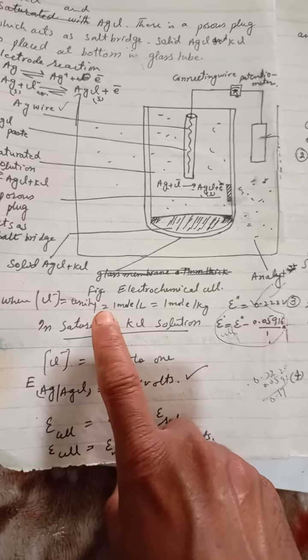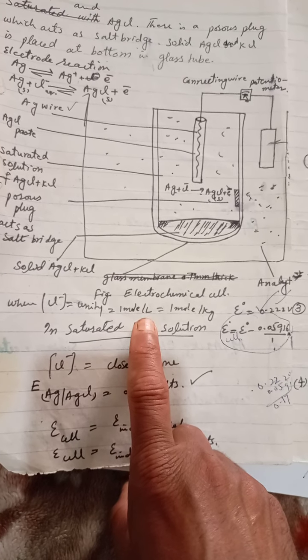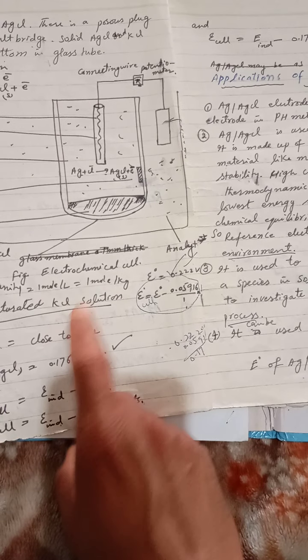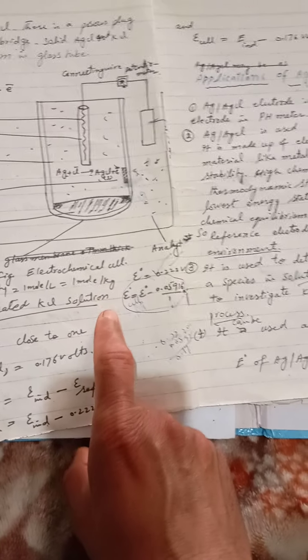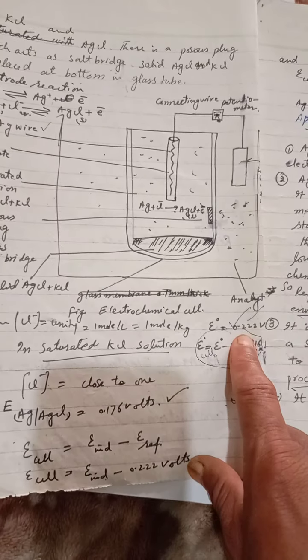When Cl negative ion concentration is unity, meaning 1 mole per cubic decimeter or 1 mole per kg, because 1 liter of H2O is equal to 1 kg, then the electrode potential is 0.22 volts.